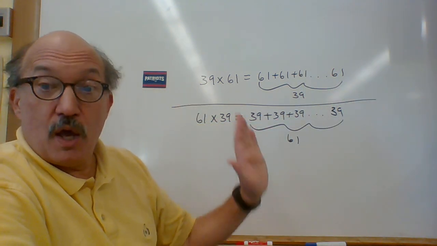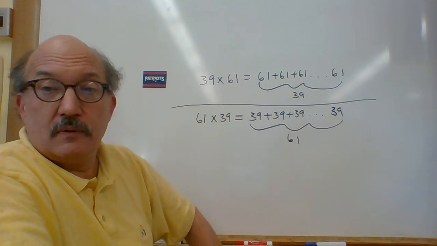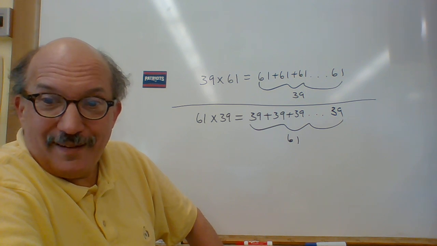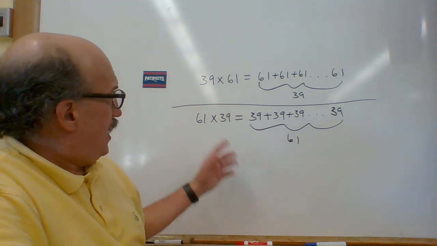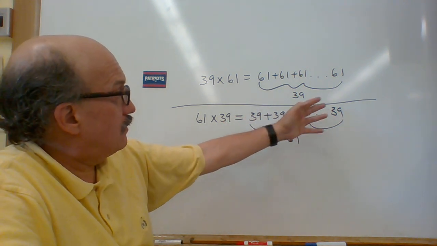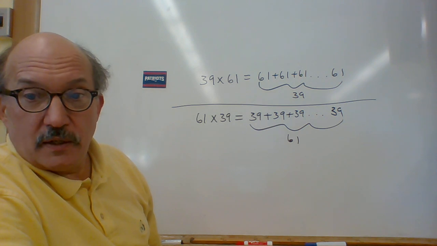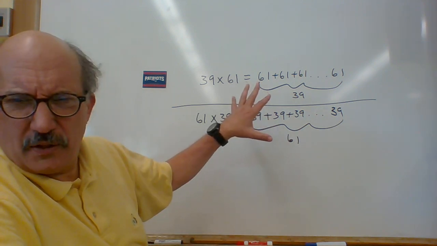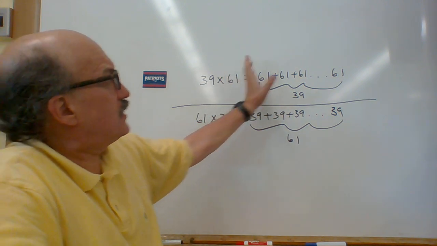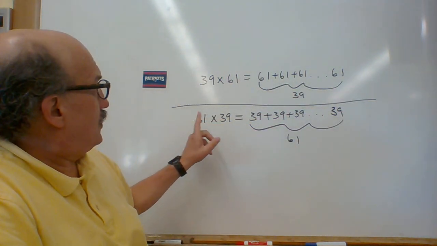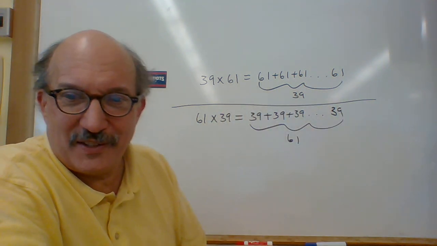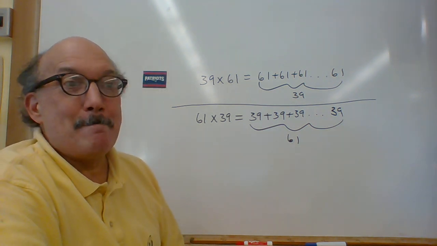You would have to add up 39 61s. Imagine how much writing you do there. That's why we have multiplication. And 61 times 39 would be 39 plus 39 plus 39, 61 times. 39 times 61 is 39 61s added together, and 61 times 39 is 61 39s added together.